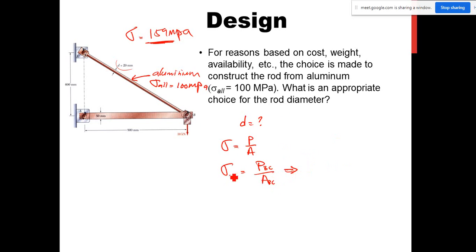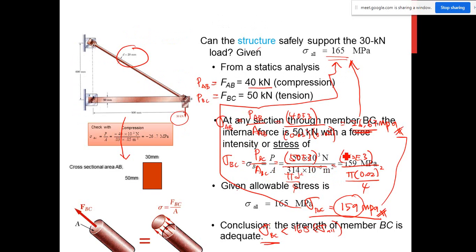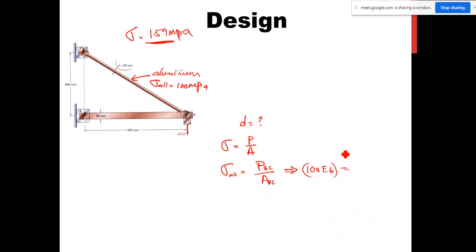From here, sigma allowable is only 100 megapascal, so 100 exponent 6 equals PBC, which is 50 exponent 3, divided by ABC. So we can rewrite this equation: ABC is equal to 50 exponent 3 divided by 100 exponent 6.